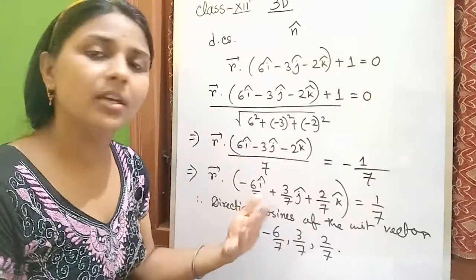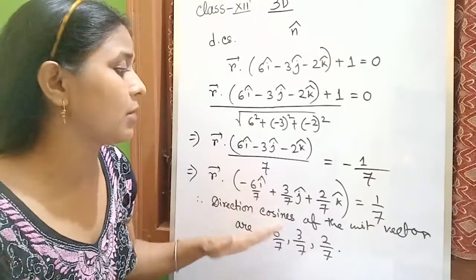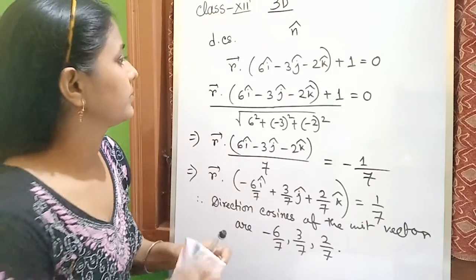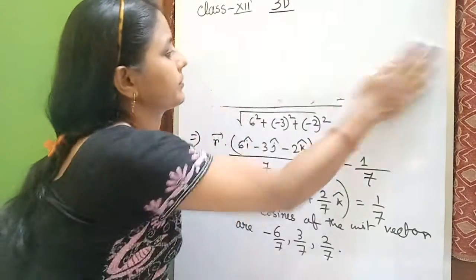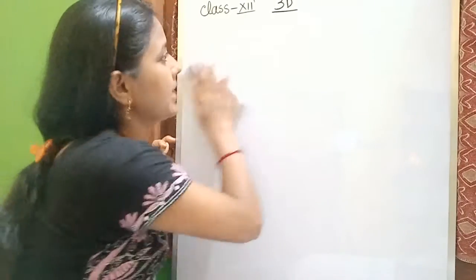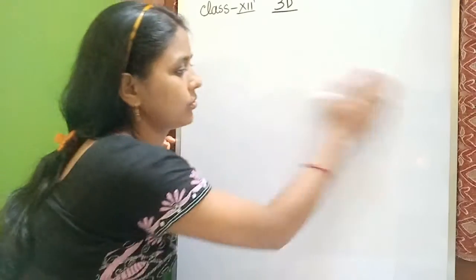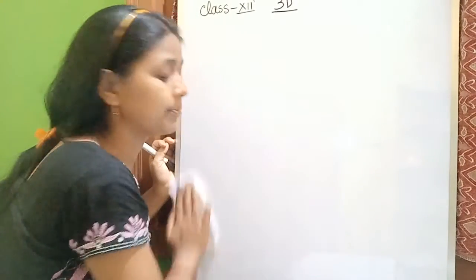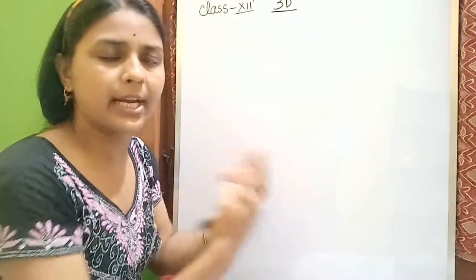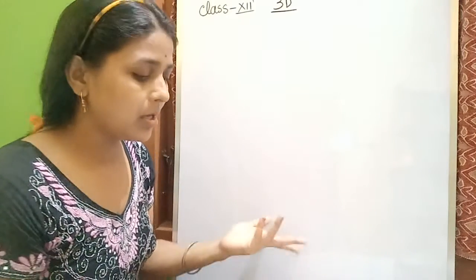In this way we can do this type of question where you need to find direction cosines. Okay? Remember one thing, the right hand side, that means this value, can't be negative. You need to make it positive just by multiplying both sides with -1, if you are getting it in negative.